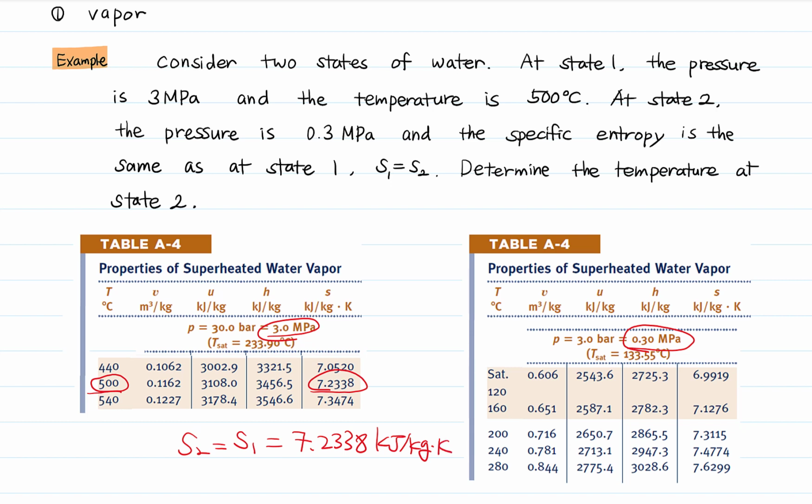So we know two independent intensive properties at state 2, so we can fix the state. The entropy 7.2338 sits between these two. So we can interpolate between these two temperatures, and T2 is calculated to be 183 degrees Celsius.